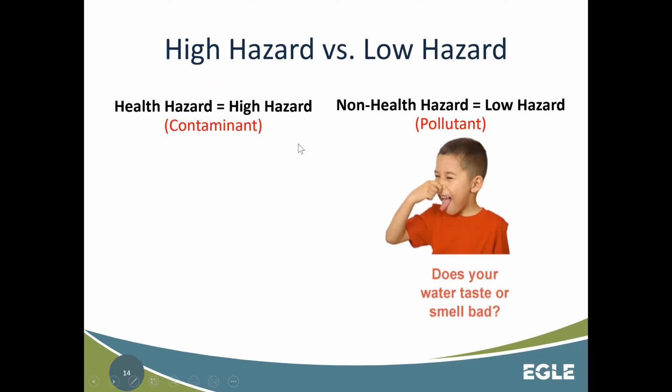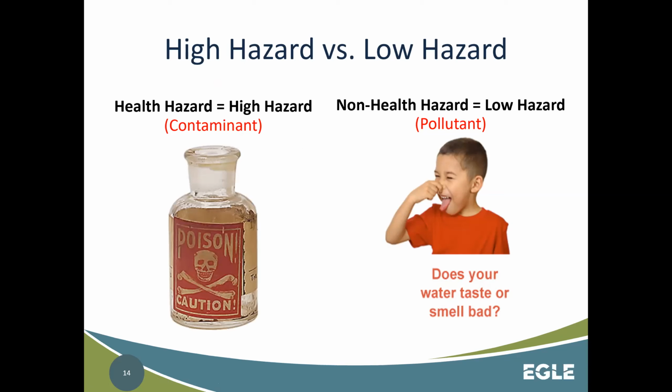Okay, so high hazard and low hazard, we use the words contaminant and pollutant. And the reason that high hazard is considered a contaminant is it creates acute health conditions. And what I mean by acute health conditions, it causes immediate health risk. So that's one thing when you're doing inspections or looking at things, you can pose the question to yourself: does what's going on in this facility or this water system or this house, will it immediately make someone sick within a short time frame?